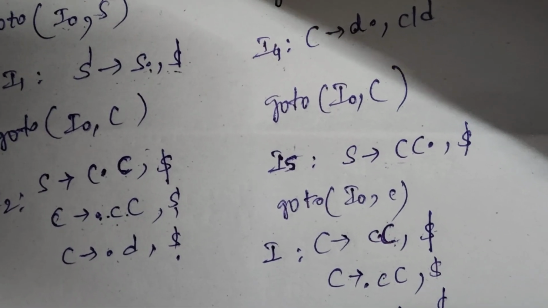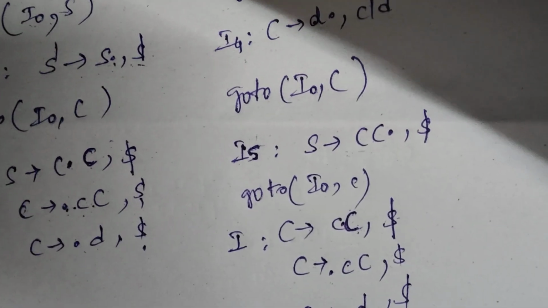Next go to I0 comma small c and shift this small c here. After shifting, the prediction becomes like this, and dot is following a non-terminal capital C, so we need to write all the productions of capital C. What are the productions of capital C?